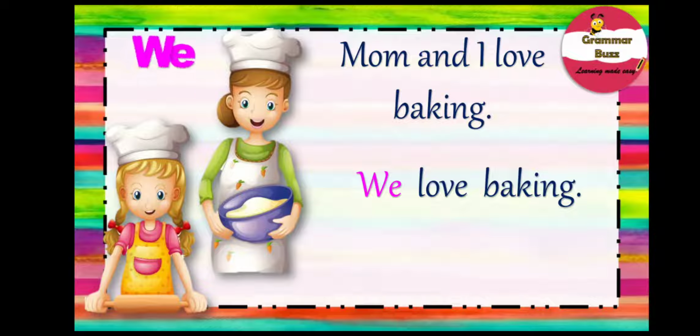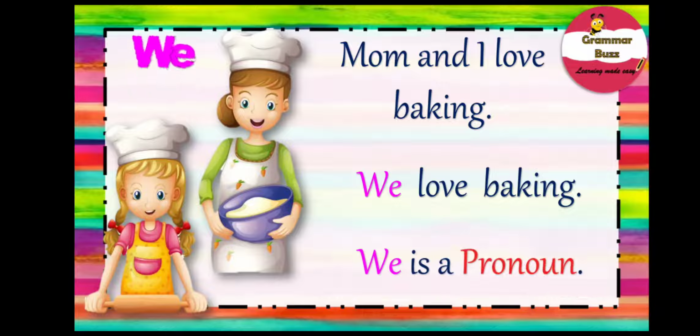The word we is a pronoun that replaces the words mom and I. Notice it's a much shorter word and makes the sentence simpler. So, we is a pronoun that replaces multiple nouns. It is a plural pronoun.